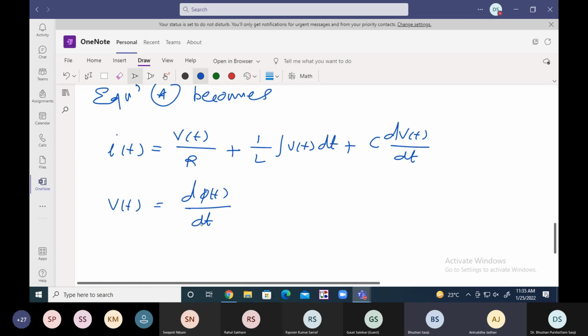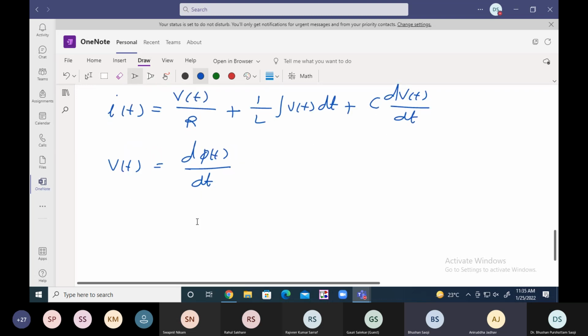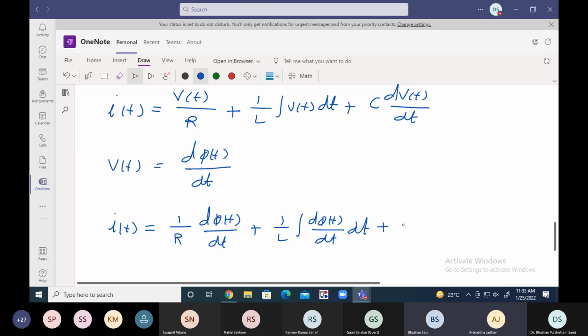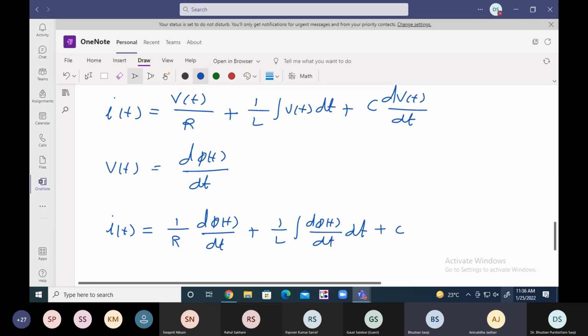So we can write I of t equals 1 by R, which is constant, so we take it outside, and V of t is d phi t by dt, plus 1 by L is constant and integration of V of t is d phi t by dt into dt, plus C.